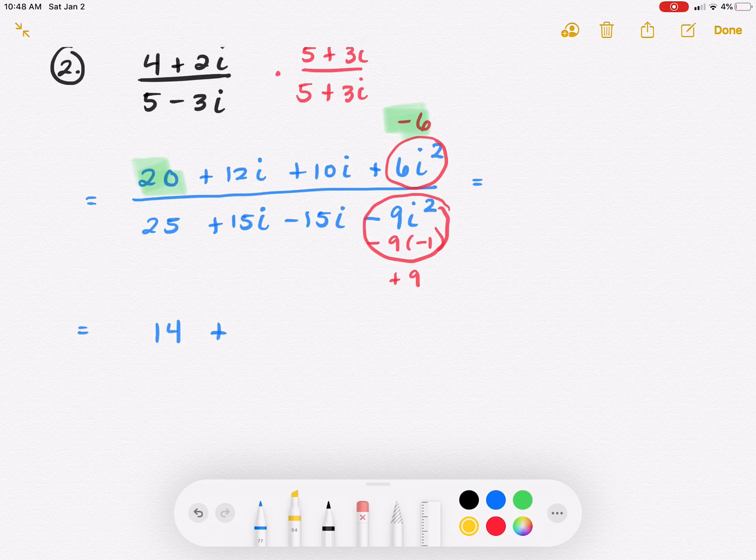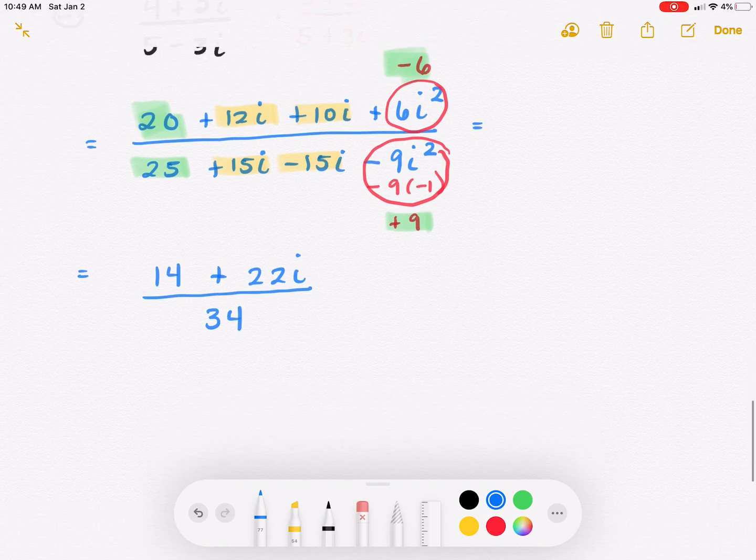And then what we're going to see is the 12i and the 10i are going to combine to make 22i. All right, the denominator is going to be 25 plus 9, which is going to be 34. And then we've got this 15i minus 15i is going to cancel. So I'm going to write this a little bit more in the middle.